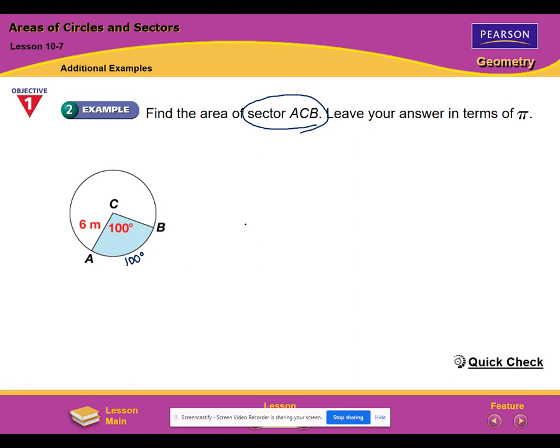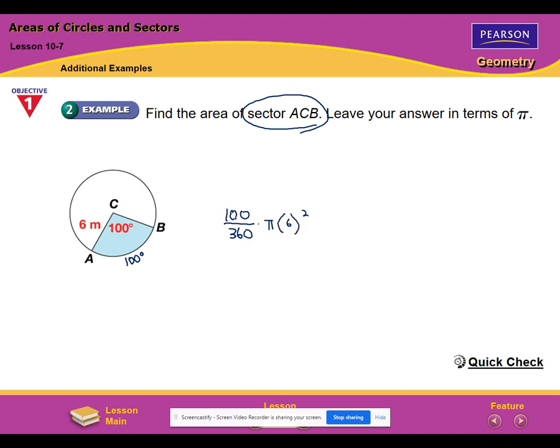So that work, and you should show your work on a problem like this, pretty much all the way through chapter 10, you're showing your work. Probably 85-90% of the time they're work problems. 100 out of 360 times pi r, which is 6 squared.